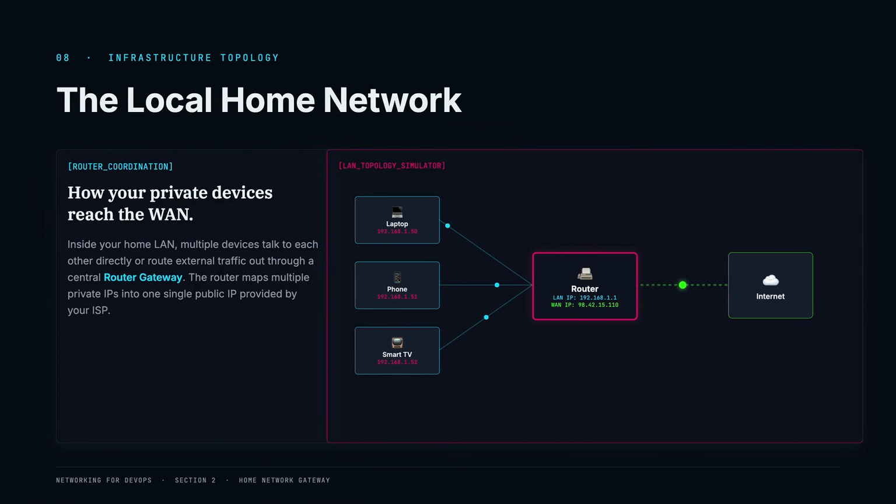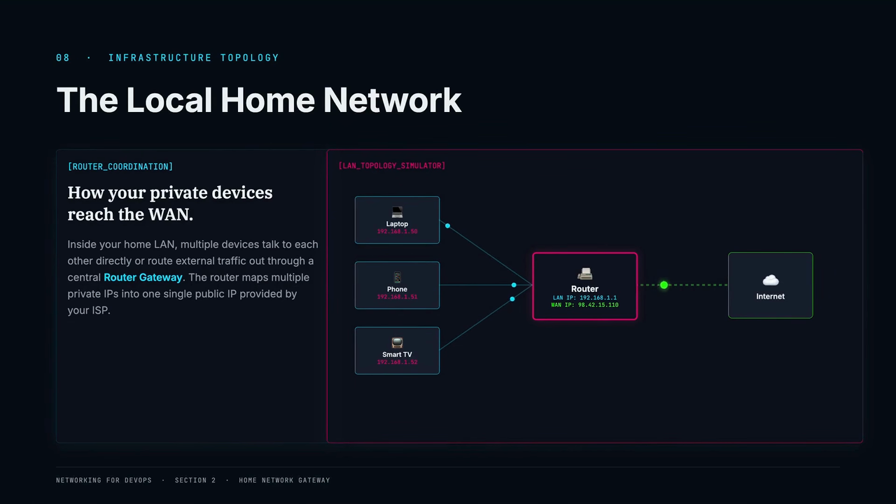We can understand it with a home network example. You have a laptop, phone, smart TV, gaming console, anything, all devices connected to a router. Each device gets its own private IP. For example, the laptop has 192.168.1.10, the phone has .11, the TV has .12. To the outside world, however, all these devices appear through a single public IP provided by your internet provider.